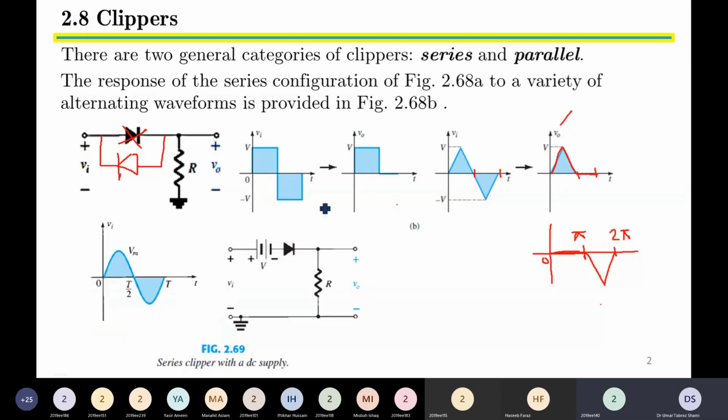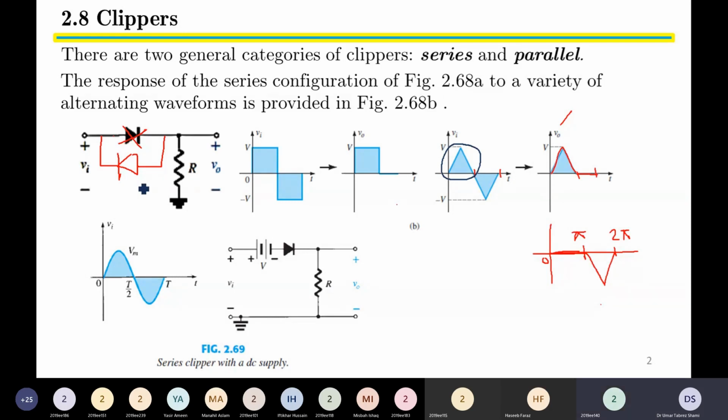This time the positive part of the input signal will be removed. It will be eliminated, cancelled, and the output will only have the negative voltage available, whereas the positive voltage has been clipped away due to the direction of the diode.